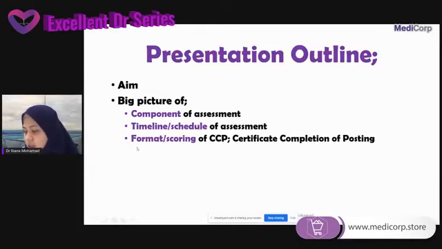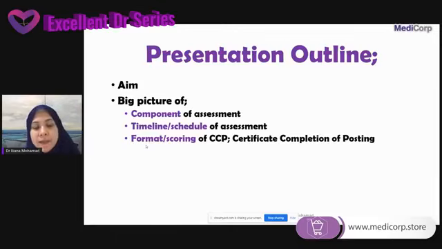And then last but not least is the format or scoring of your CCP, or certificate of completion of posting. As you know, nowadays as a houseman, every posting you will get a mark. The mark for each posting is called the certificate of completion of posting, over 100%, so you will get your percentage.